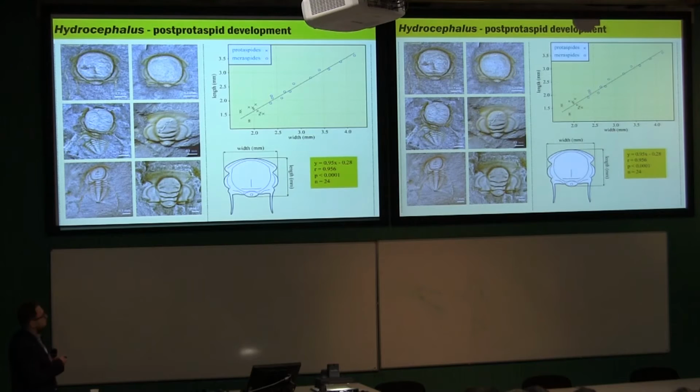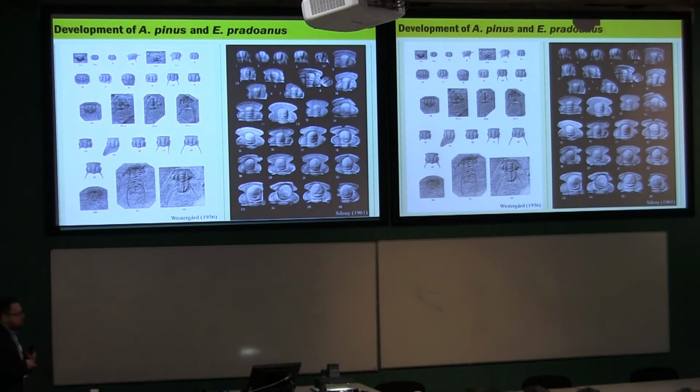And in Hydrocephalus, the glabella is very inflated, circular, almost during the whole ontogeny. And if we look at Acadoparadoxides or another species of Eccaparadoxides, we can see that Acadoparadoxides stages are rather comparable to Paradoxides, and Eccaparadoxides pradoanus is quite comparable to the Eccaparadoxides I showed you before.